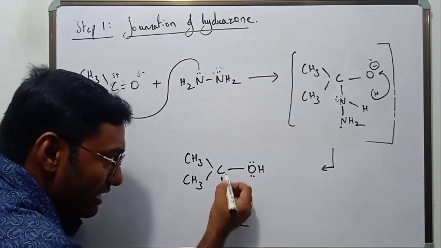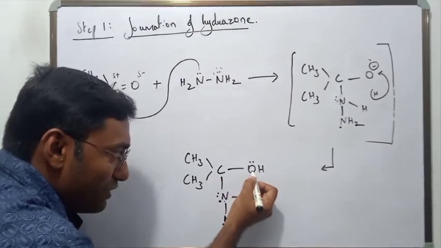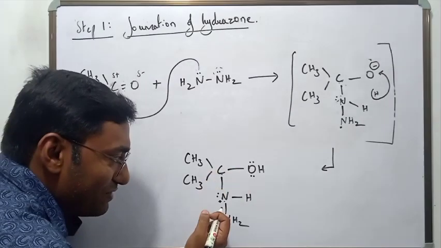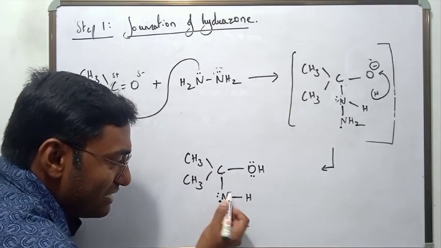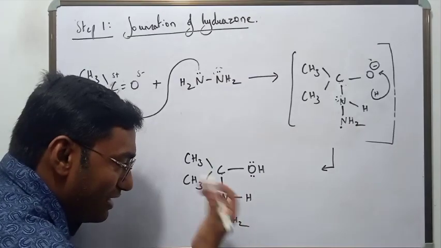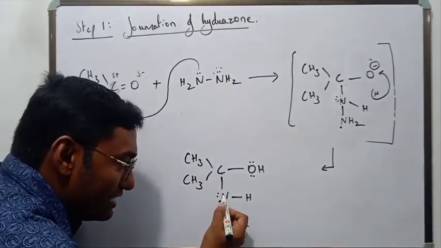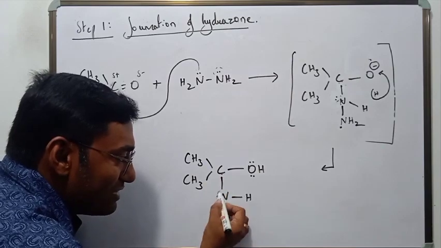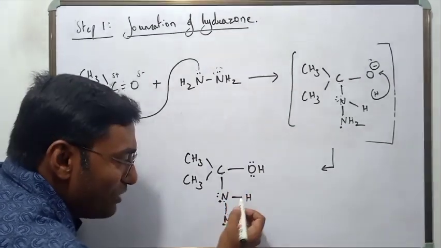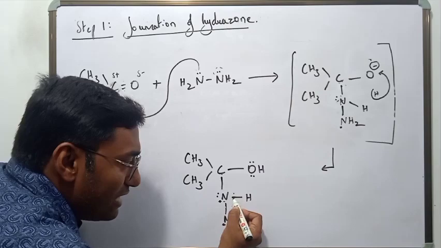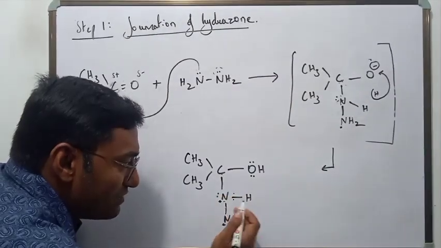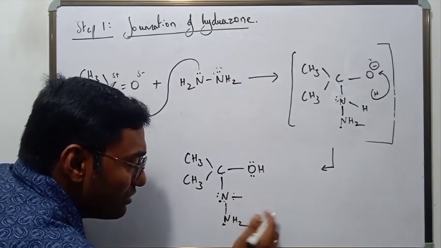This carbon is attached to electronegative oxygen, so this carbon is also a little electronegative in nature. So nitrogen is under pressure from everywhere, and it would take the electron pair from this hydrogen towards itself, and with the result this hydrogen would also go.